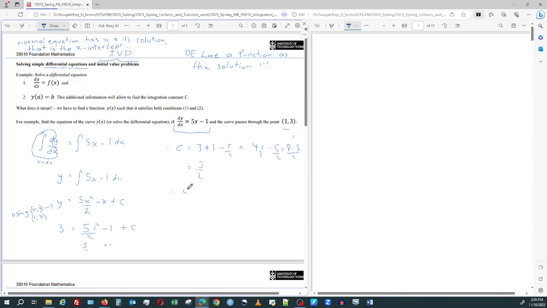Therefore, y, the solution, is 5x squared on 2 minus x plus 3 on 2. So for that particular equation, we've now got a solution. The earlier one is called a general solution to our problem.